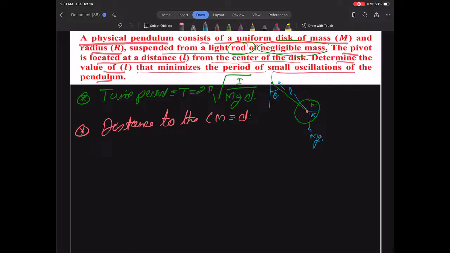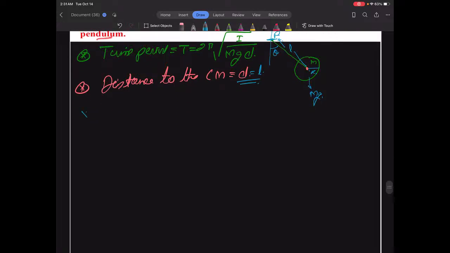Therefore we can say that our d is equal to our L. And next is our I, our moment of inertia of the system about the pivot point, and that pivot point is our P. So we have a moment of inertia I about pivot.